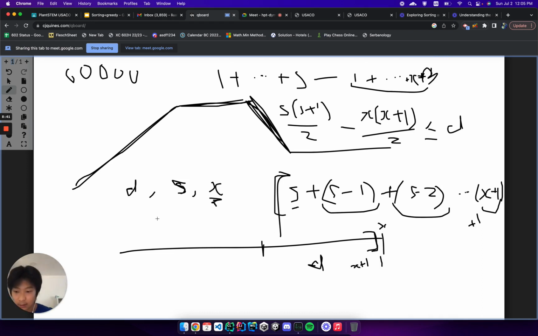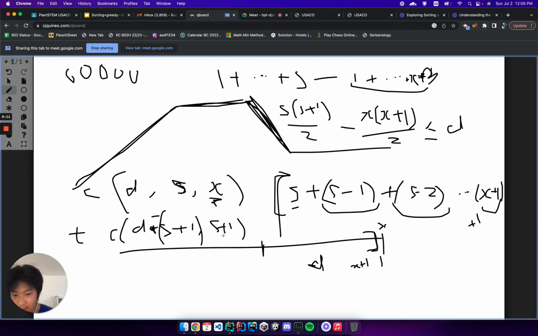And so for our actual simulation, it's very simple, right? Once we have this check, let's say this is a check function, then at time t, all we have to do is check of distance minus s plus 1, and then s plus 1, and then x.